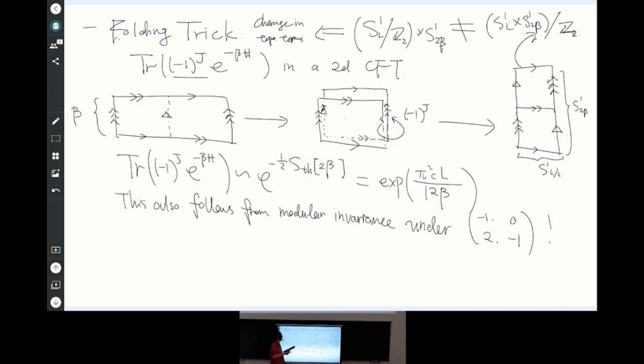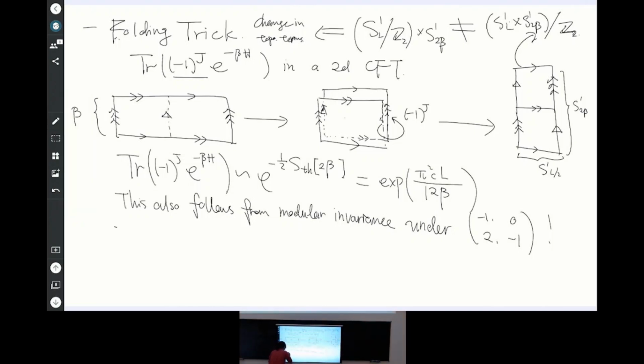All right. And from this picture, it's also clear what happens if I replace (-1)^j with, let's say, e^{2πi p/q}. You just need to divide this torus into q different pieces, cut them, and then stack them on top of each other. What happens is that you basically just replace this 2.